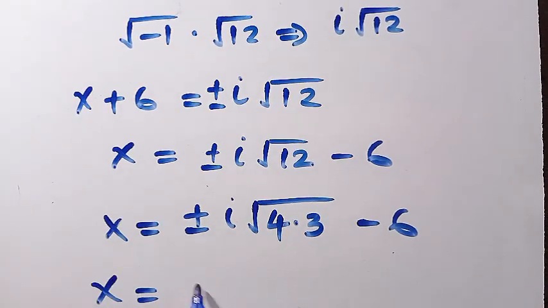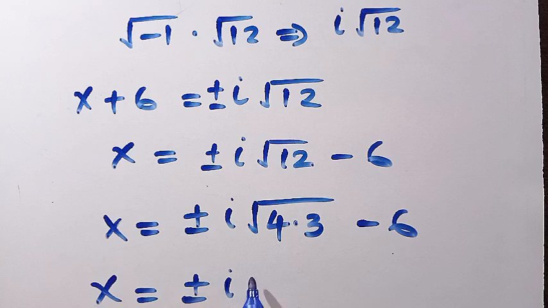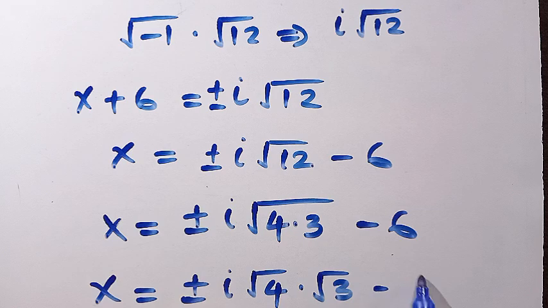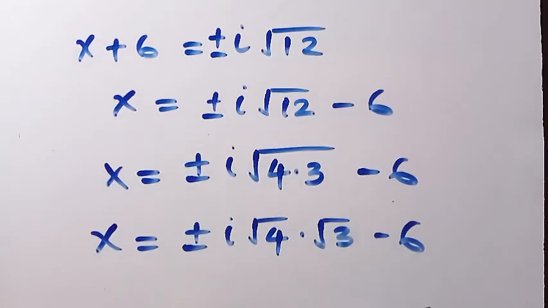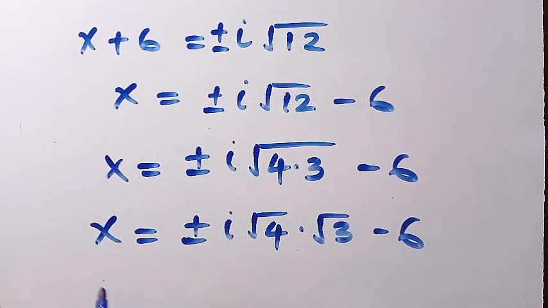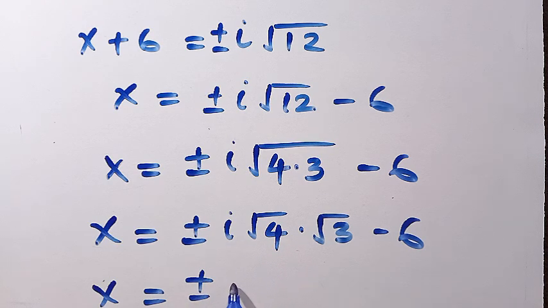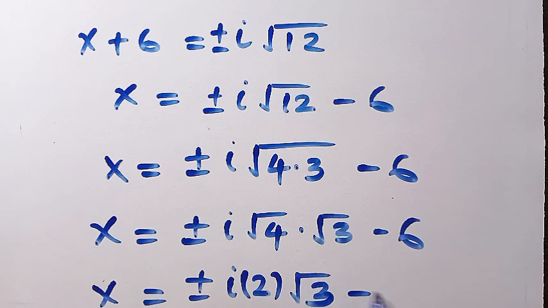So it's the same thing as plus or minus i, then the square root of 4 multiplied by the square root of 3, then minus 6. We have to take the square root of 4, which is 2. And here we have plus or minus i multiplied by 2, then multiplied by root 3, minus 6.